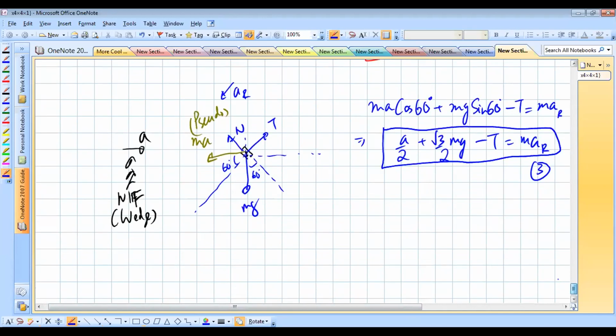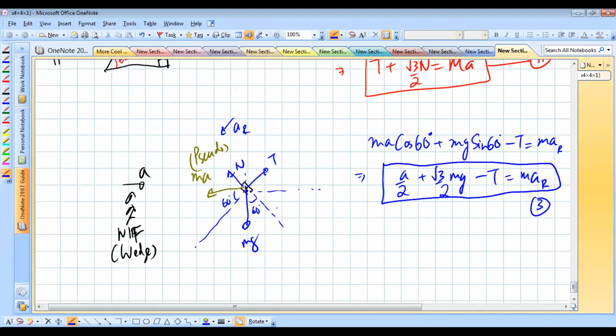And my fourth and final equation will come from balancing the forces along the normal direction. So along the normal direction, you can see N plus pseudo force's sine component has to balance mg's cos component.